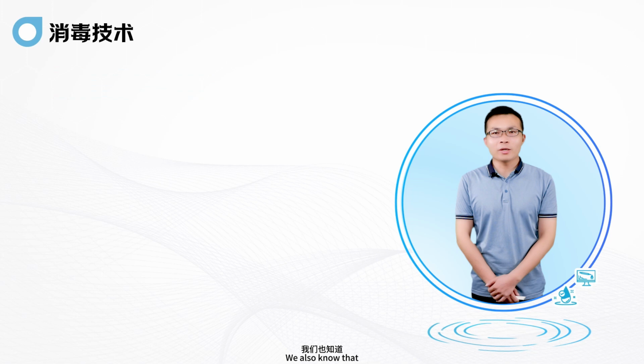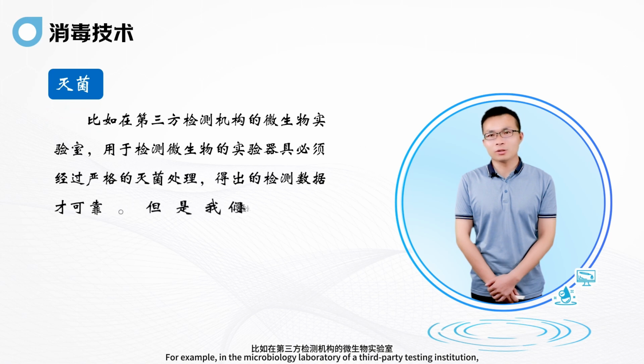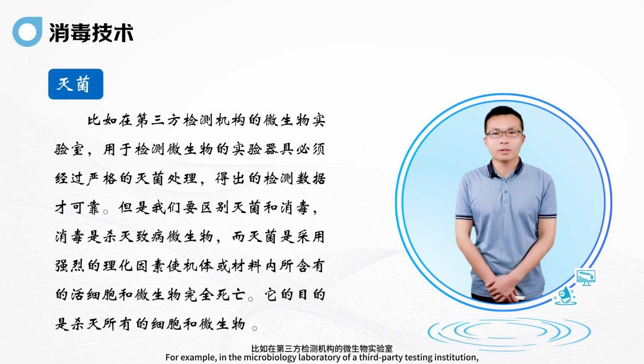We also know that there is another technical means to kill microorganisms called sterilization. For example, in the microbiology laboratory of a third-party testing institution, laboratory equipment used to detect microorganisms must be strictly sterilized. The obtained test data is reliable, but we have to distinguish between sterilization and disinfection.